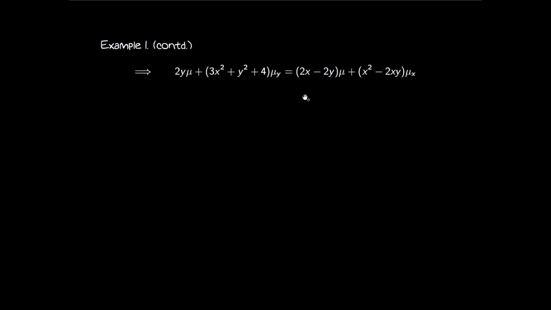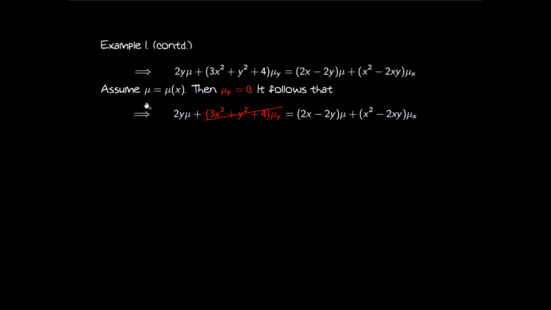So instead of making mu a function of both x and y, we can assume mu depends only on one variable. Either it's a function of x or it could be a function of y. Which one works? Well, we will just try. For example, let's consider mu as a function of x.